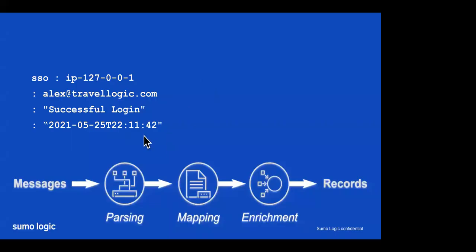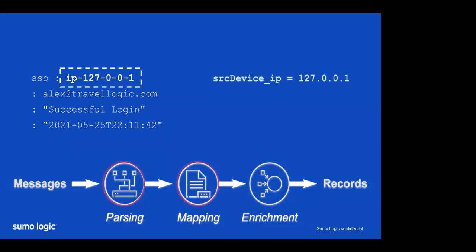So again, we talk about enrichment. Say, here's our message. It says SSO equals an IP-127-0-0.1. Well, we recognize that as an IP address, but we're going to translate it. So we're going to parse that field out. We're going to translate it into a real IP address. And in the mapping, we're going to assign it to the metadata tag associated with that, which we happen to call source device IP.